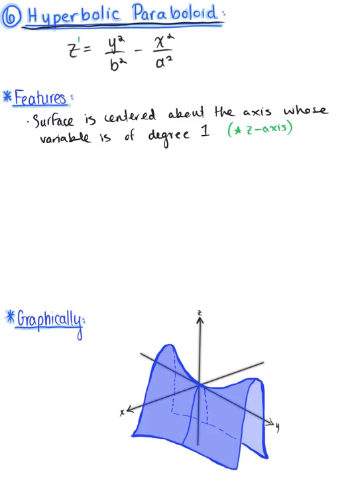Now, with z in mind, let's think about the z traces. So we say that traces with z being equal to a z-naught, such that z-naught is a real number and z-naught cannot be equal to 0, these traces are hyperbolas.